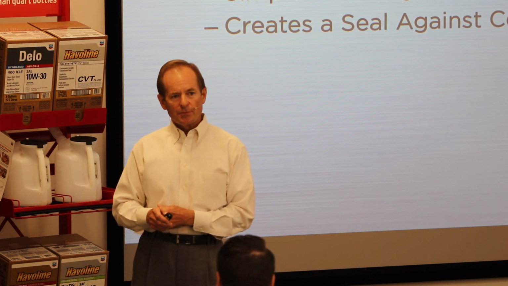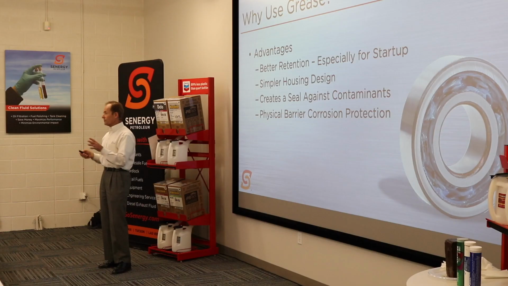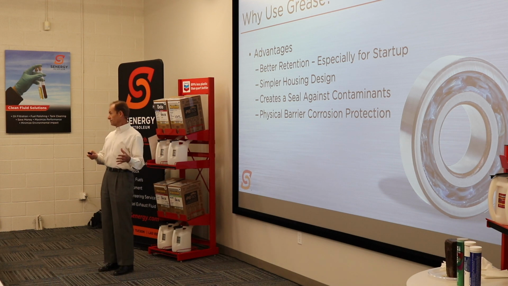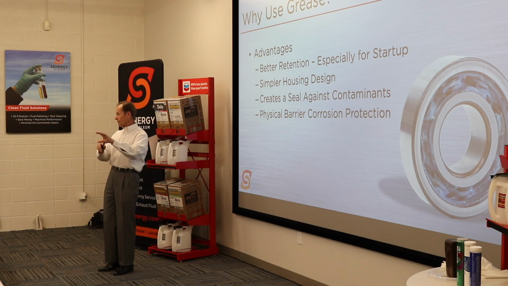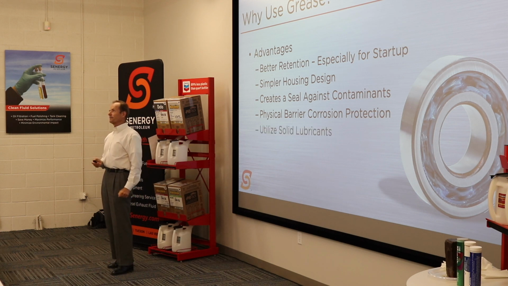Grease can also help create a seal against external contaminants, sometimes referred to as a collar of grease around the outside, to keep dirt or dust, physical contaminants from getting in. Grease also does a good job as a physical barrier against corrosion. You've got a surface, and whatever's trying to corrode it, like a saltwater spray on the outside, the grease prevents it from getting there.